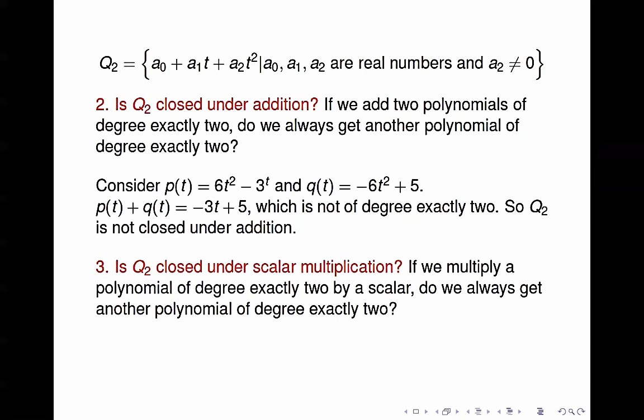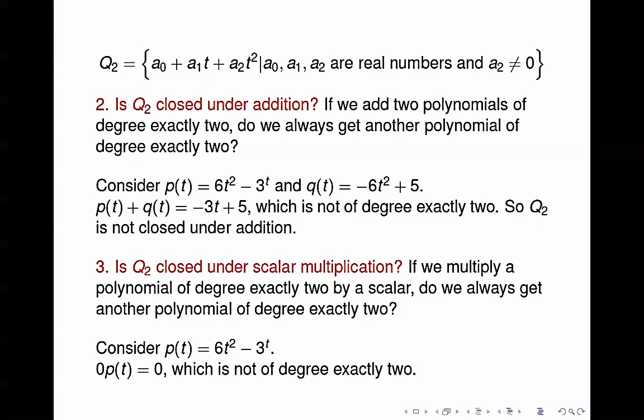If you don't think about it very long, you might say, well, yeah, you multiply it by anything and you're going to get another polynomial of degree exactly 2. And that's almost always true. But there's one scalar you can use: if you multiply by 0, then you get the 0 polynomial, and it is not of degree exactly 2.